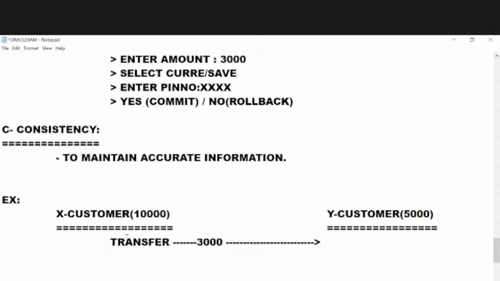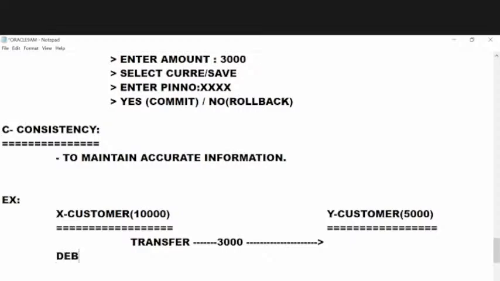It means that when the 3,000 rupees is transferred from X customer's account, is it debited or credited?